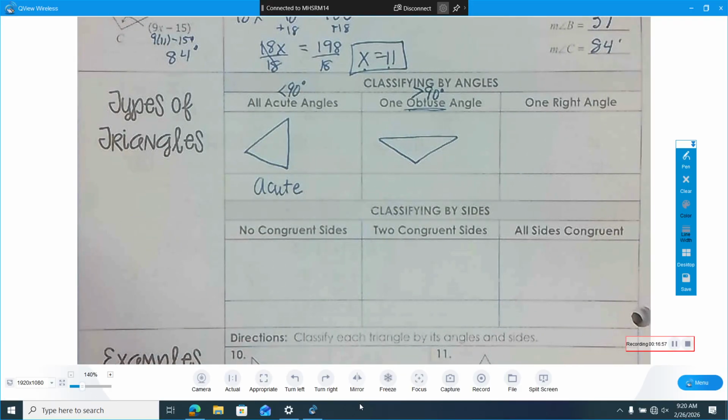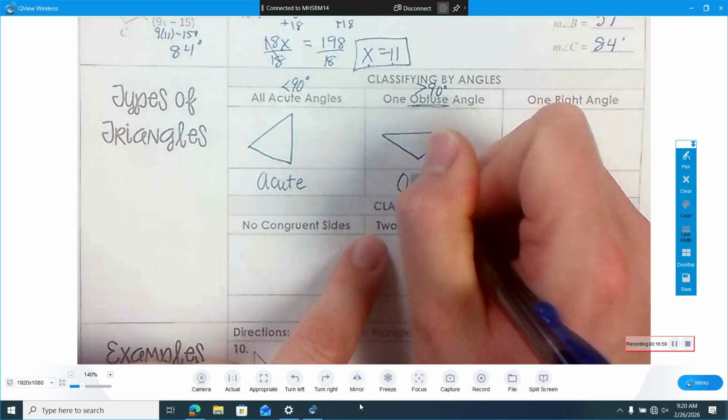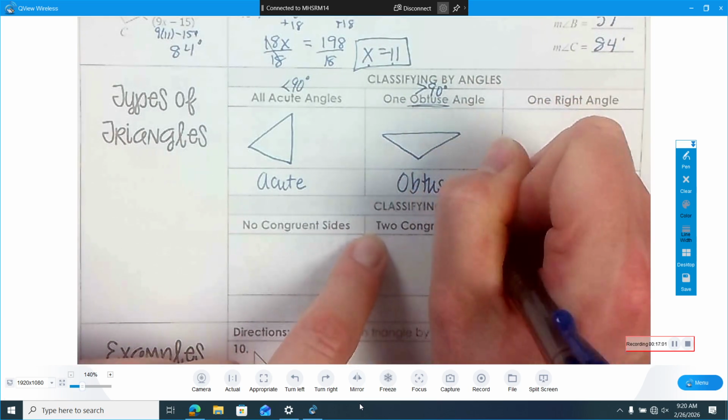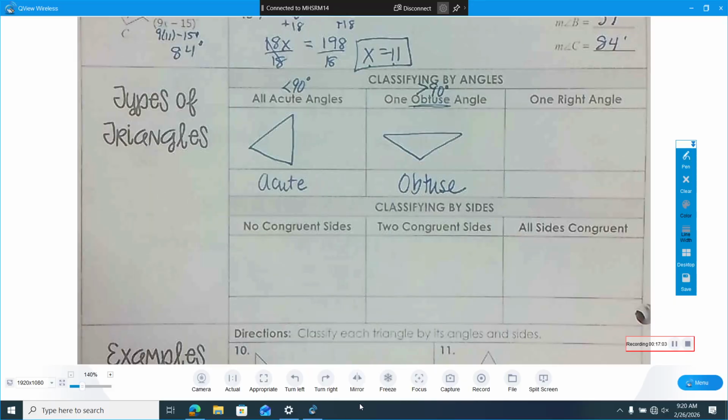Can you ever have more than one obtuse angle? Can you have 2 obtuse angles? No, why not? If I have 2 obtuse angles, 2 angles that are bigger than 90, so 95 and 95. What is 95 and 95? 190. 190 I think is right because 180 plus 10 more.